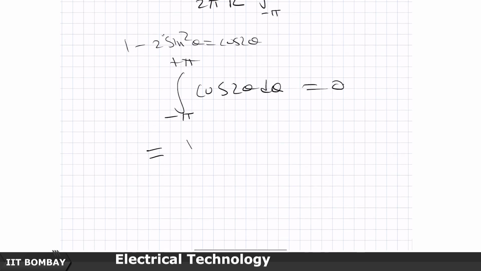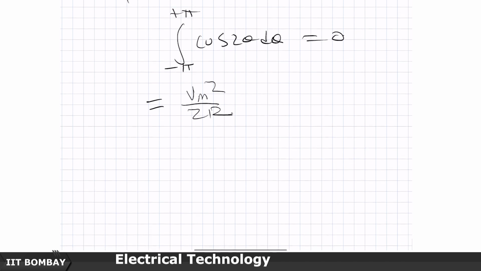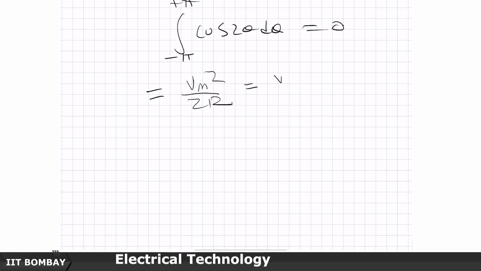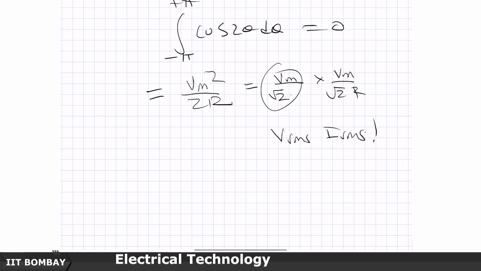So, therefore, this whole thing is going to be V m square by 2 R, which can be written as V m by root 2 into V m by root 2 by R, and this is actually V RMS into I RMS.